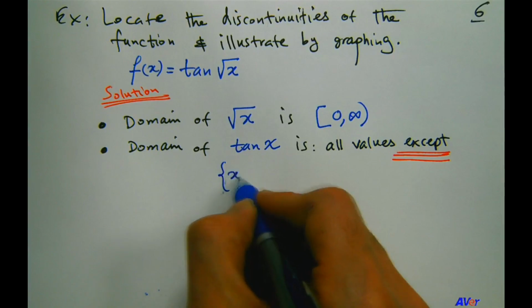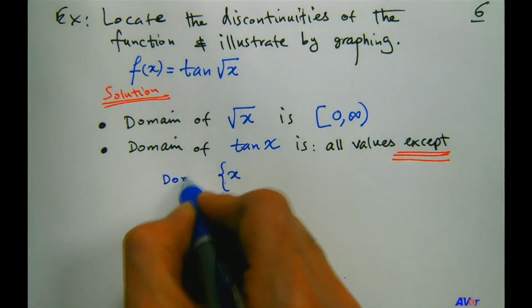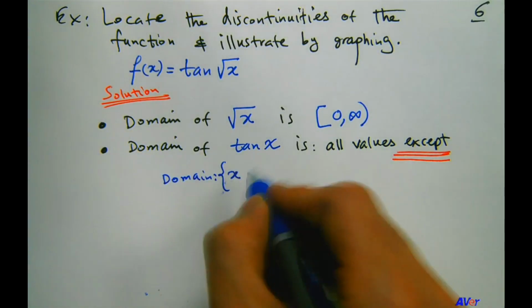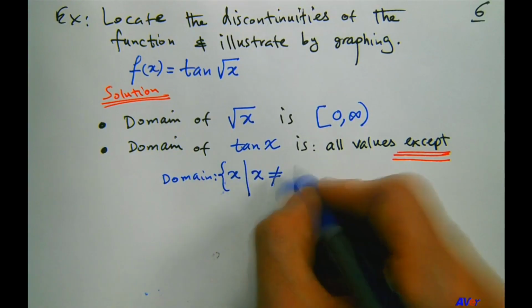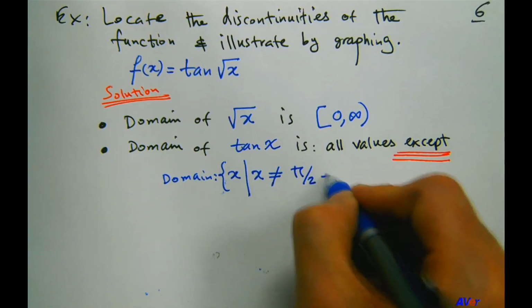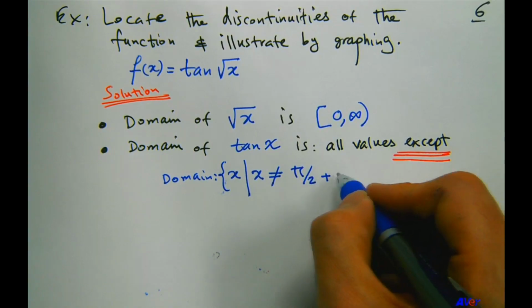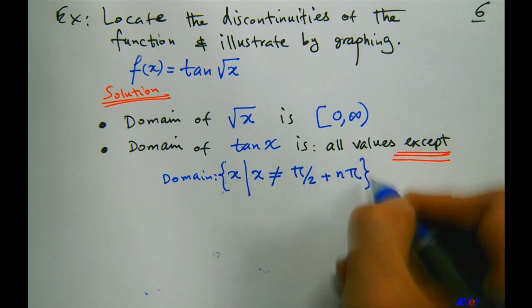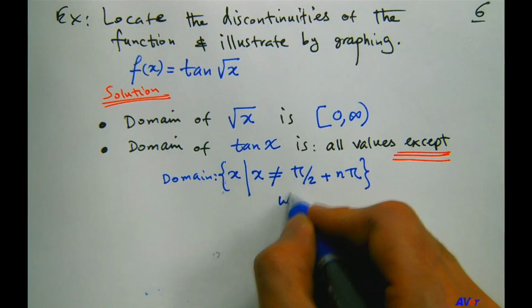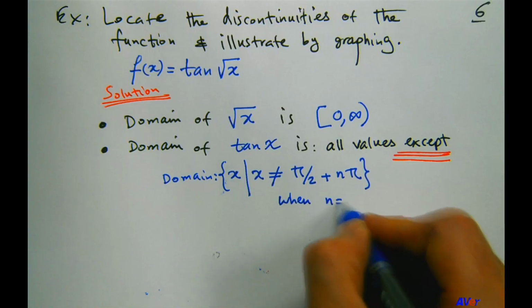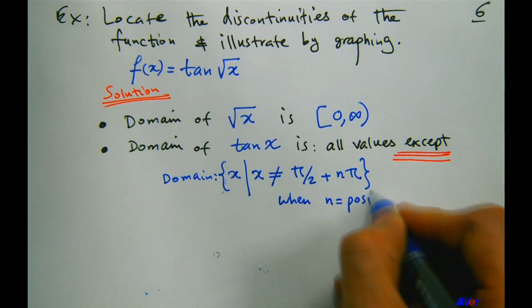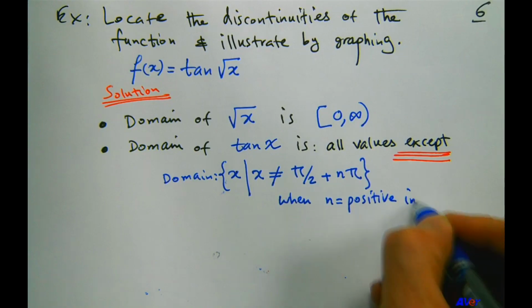So this is the domain of that: x such that x is not equal to pi over 2 plus n pi, where n is any positive integer.